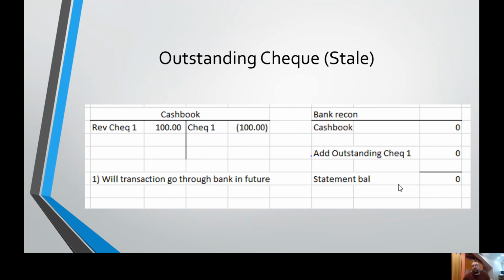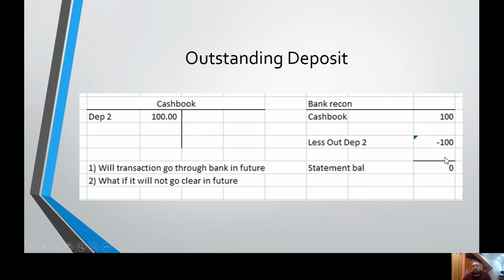On my statement, if this is the only transaction in the world, I wrote a check, I gave it to someone, they never banked it, I will have 0 transactions on my bank statement. And then accordingly, my cash book balance will be 0, my bank statement balance will be 0, and I reconcile. So I won't have any reconciling items. You can actually delete that line out of there.